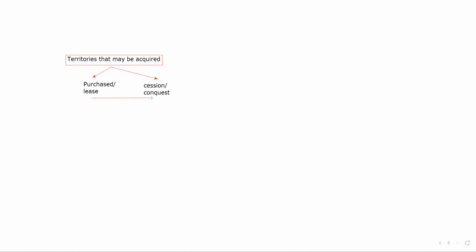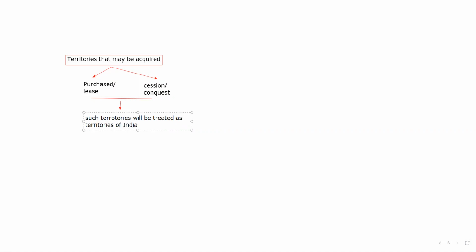So now the important thing is that these territories will be treated as territories of India, because it has been mentioned earlier. Such territories will be treated as territories of India. This is one point.